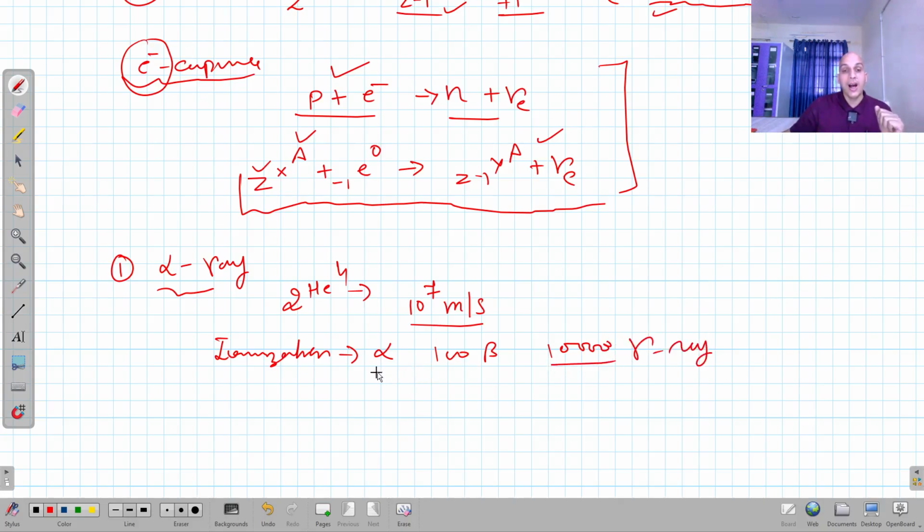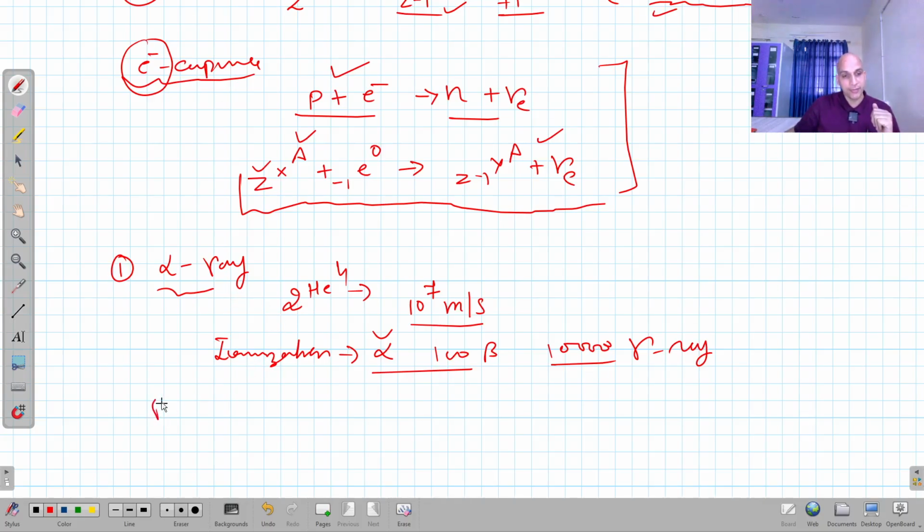This is because of its size. Its size is very large as compared to beta particle and gamma rays. Gamma rays are basically electromagnetic radiations. So it has enough chances of interacting with the matter through which it passes. So that's why it produces high ionization in the medium in which it passes, right?